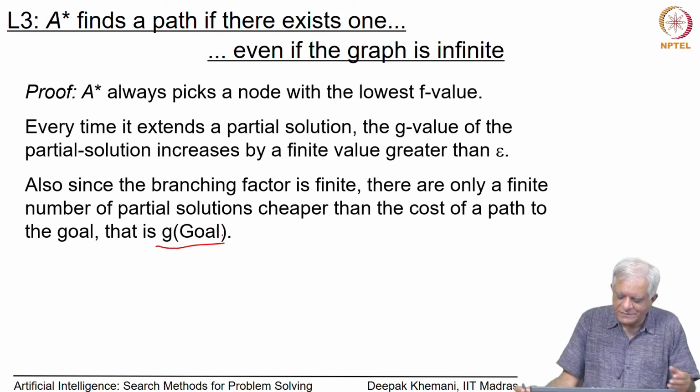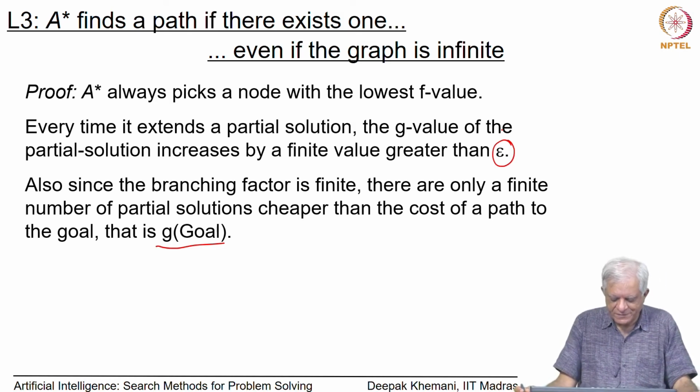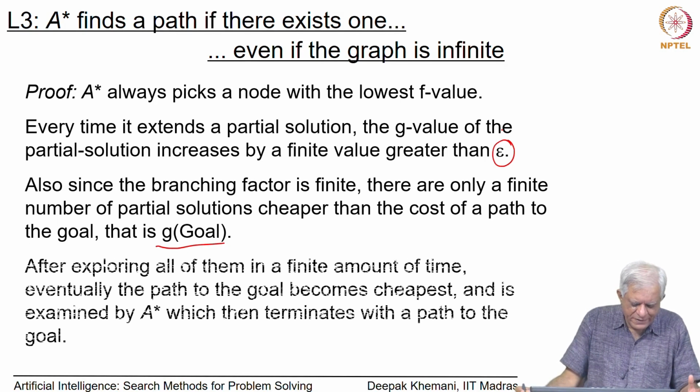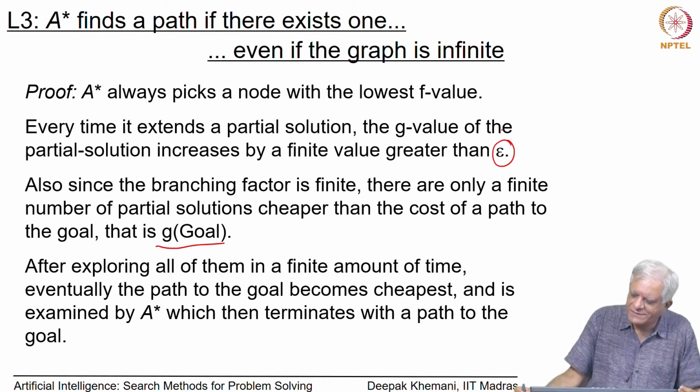Because of the fact that we have imposed this condition of epsilon, the number of paths whose total cost is less than this is going to be finite. So, because of this condition, after exploring all those finite paths, even if the heuristic function is bad.